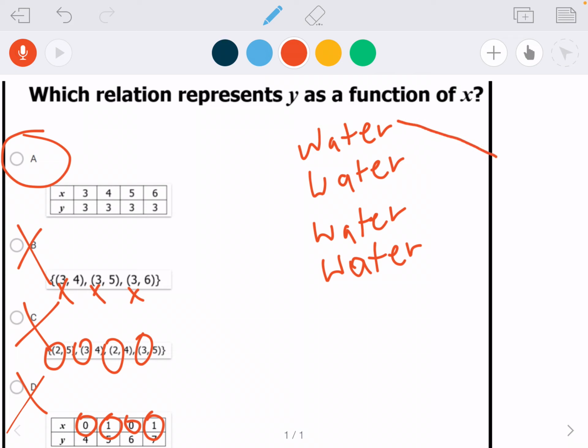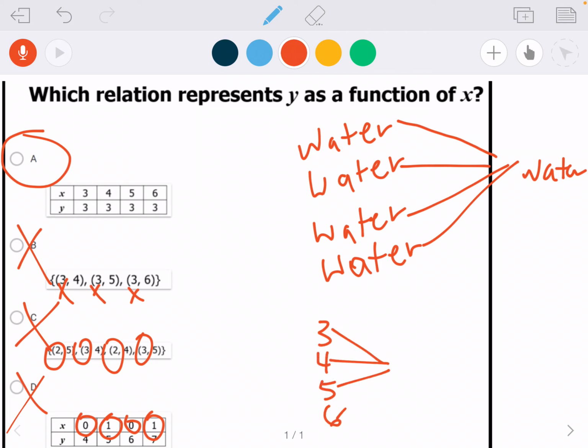There are 4 different buttons, but they're all linked to the exact one thing, water. That's kind of like what we have here. We have 3, 4, 5, and 6, and they're all linked to 3, which is fine. We're just looking for those repeated x values. So A has to be the function because all the x values are different.